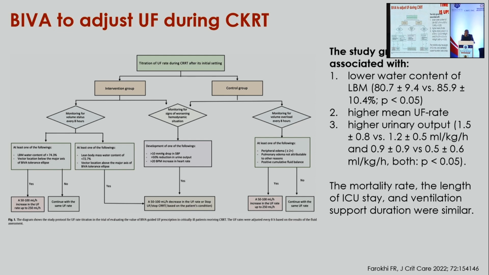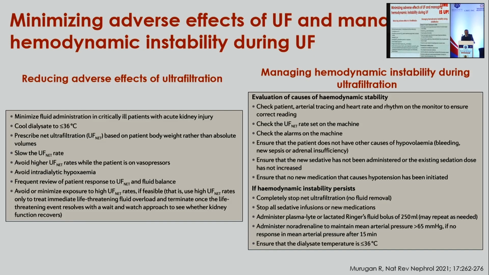What they found is that when they used a bioimpedance methodology to guide the ultrafiltration rate based on certain agreed parameters, there was a lower water content for the lean body mass in the patients in the study group. There was a higher mean UF rate, and there was a higher urinary output in these patients. The mortality rate, the length of ICU stay, and ventilation support duration were however similar.